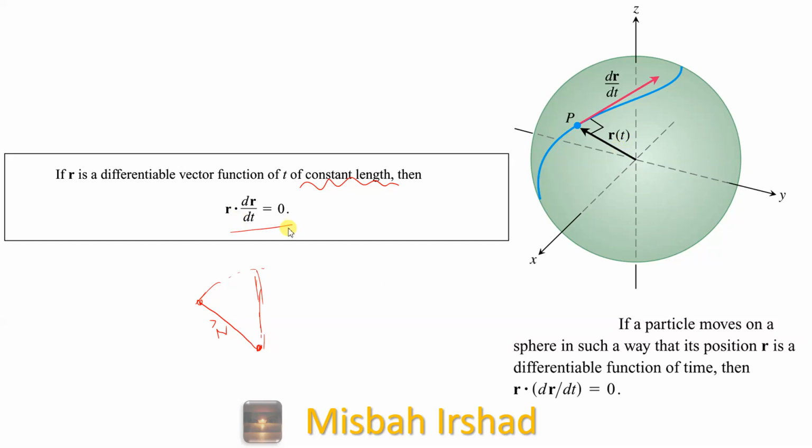Otherwise, in general, this is not the case. At every point, the magnitude of r(t) will be different. So this is not true in general, but this is true if the vector valued function is differentiable and its length is constant, that is, its length is the same at every point.